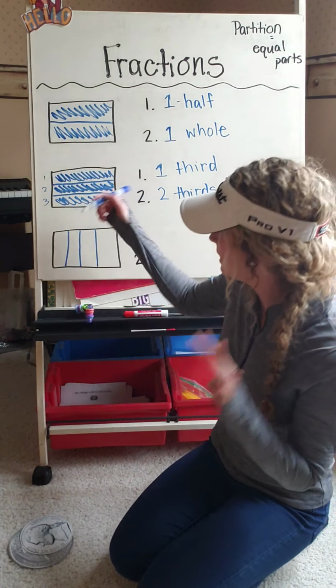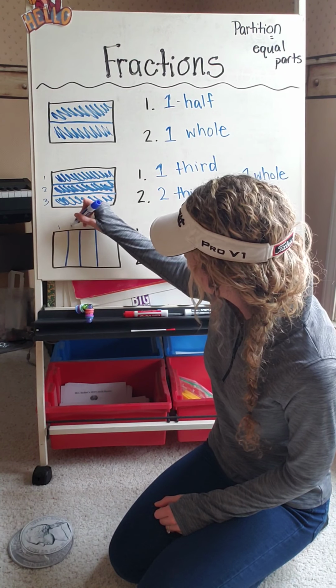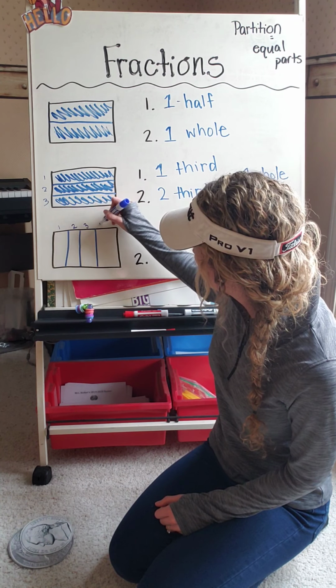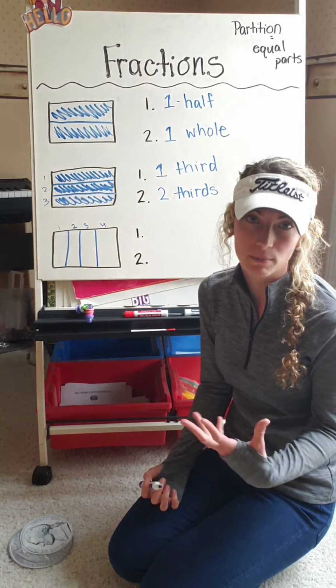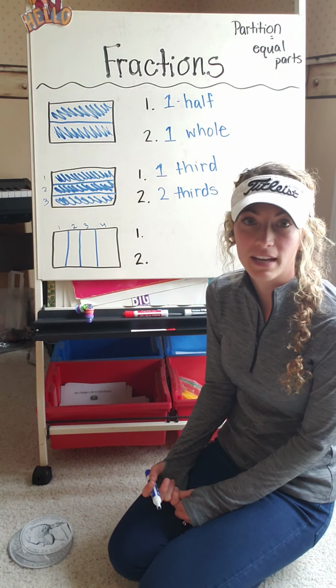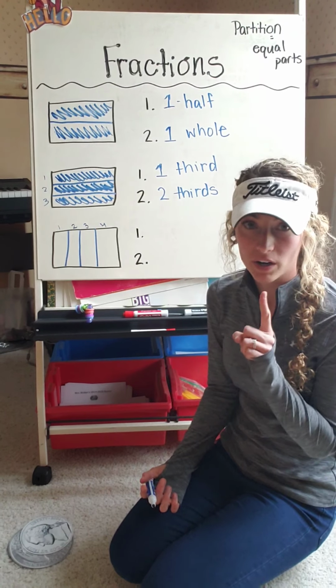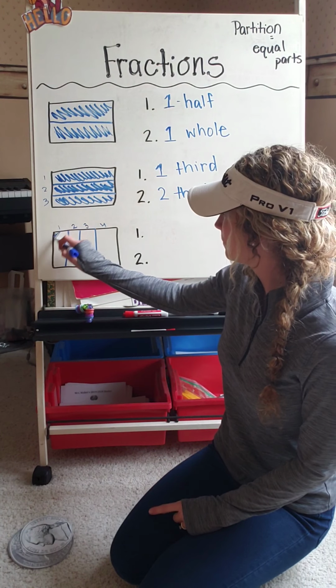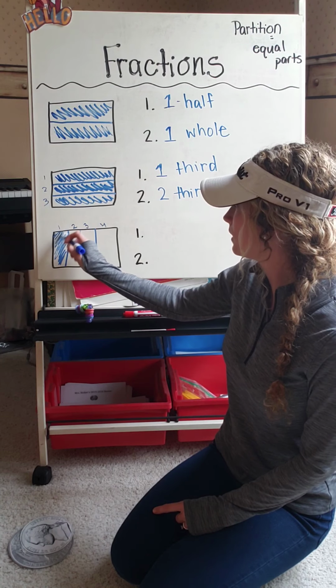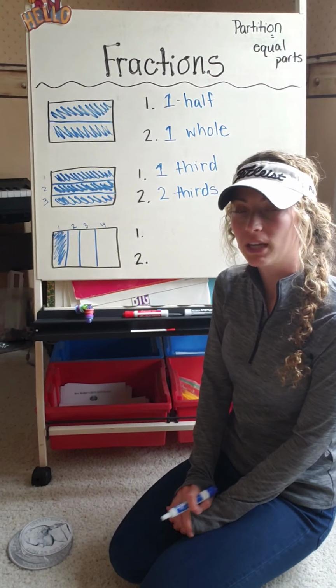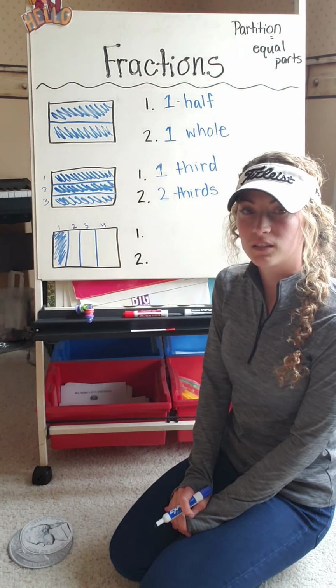So I'm going to name them. 1, 2, 3, 4. So we have 4 parts. So we're going to come up with some names for them now. So again, if I just color in 1 part, does anyone know what the name would be? Would it be 1/2?